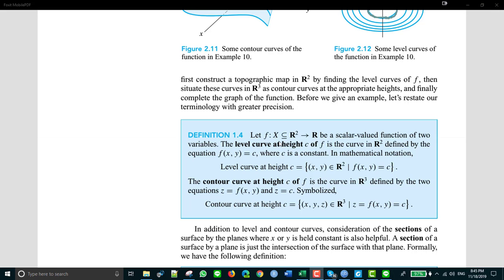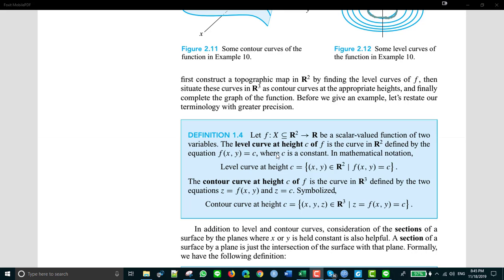Let f be a function from R2 to R, so that's the original function. This generates a surface, generally speaking. Be a scalar valued function. Scalar valued means the output is R, a function of two variables, so the input is R2.